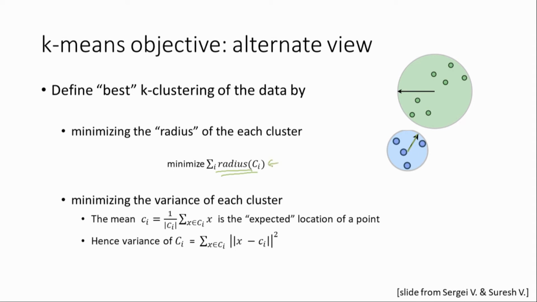However, there is a very nice interpretation of k-means that says this is not what we're doing, but something slightly different. You take all the points, and you measure all their pairwise distances in a cluster. If there are m points in a cluster, you measure all the m choose 2 pairwise distances.